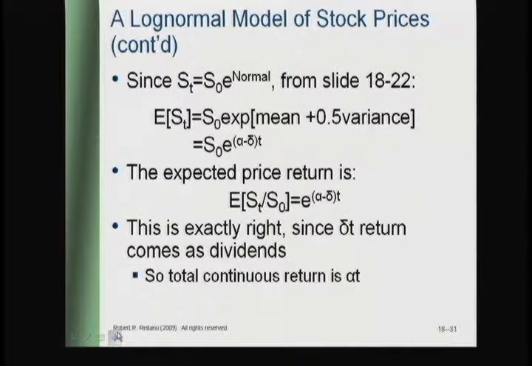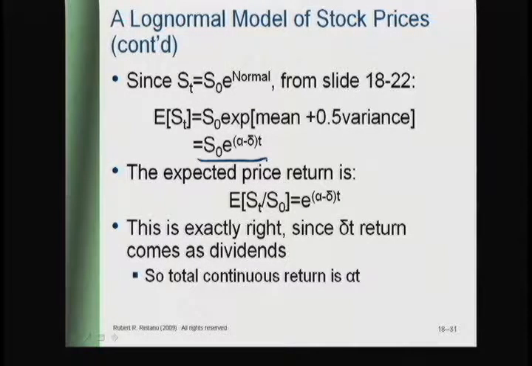Just using that prior result, namely the mean of a log-normal variable, we derived the following formula: the expected value of the stock price at time t, that log-normally distributed stock price, is the initial stock price with a return of alpha minus delta times t.